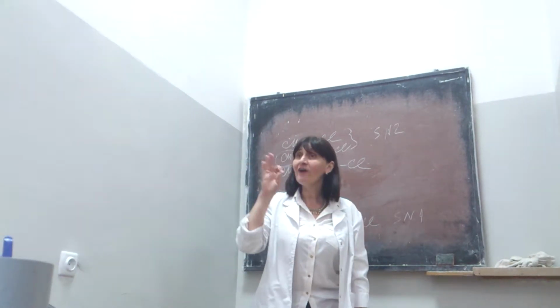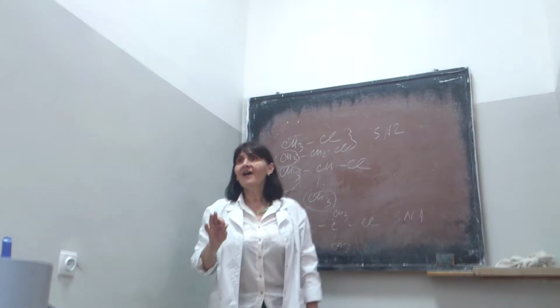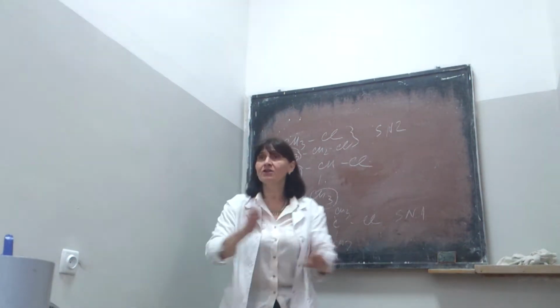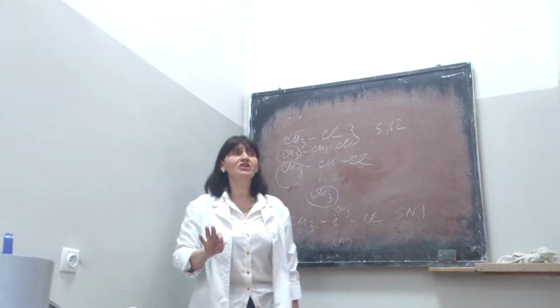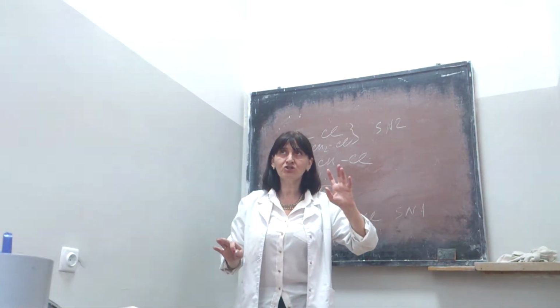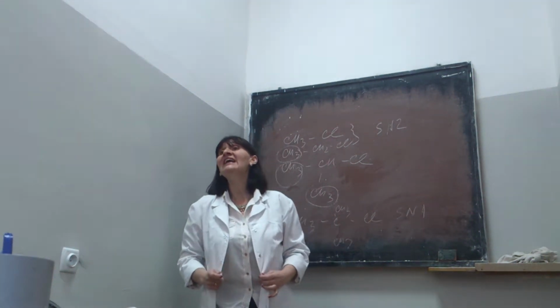If you have a chiral carbon but the reaction mechanism is SN1, here you have no inversion of configuration. You get a racemic mixture, and the racemic mixture is optically inactive.